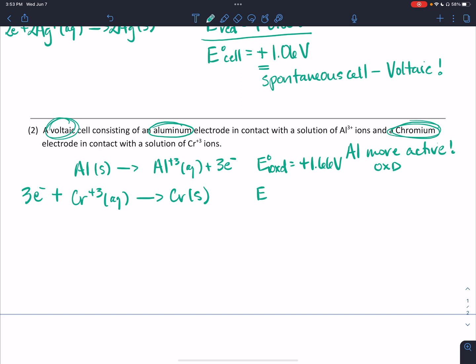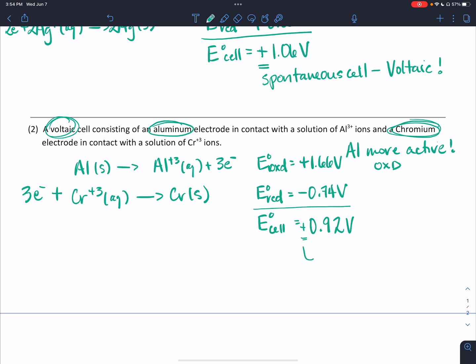I check my reduction potentials again, and this time the reduction potential for chromium is negative 0.74 volts. Again, I don't change anything about that value. It's a reduction, so it just stays as is. My cell potential is the sum of those, and I find that it's 0.92 volts. It's positive, which is spontaneous, which is what a voltaic cell should be.